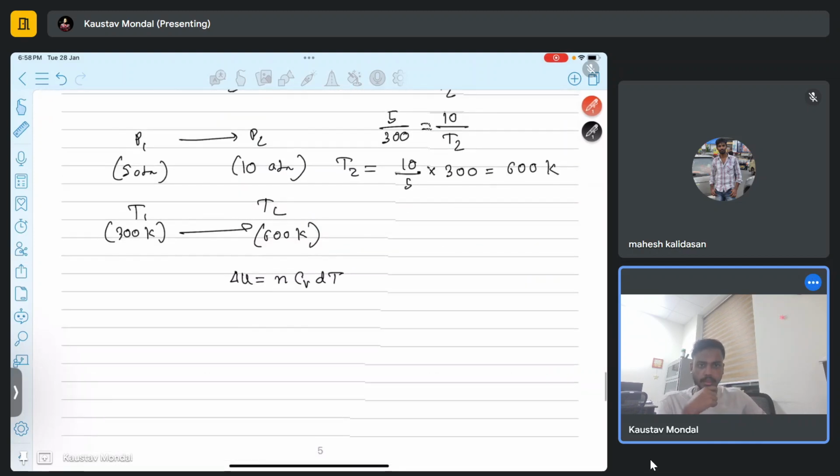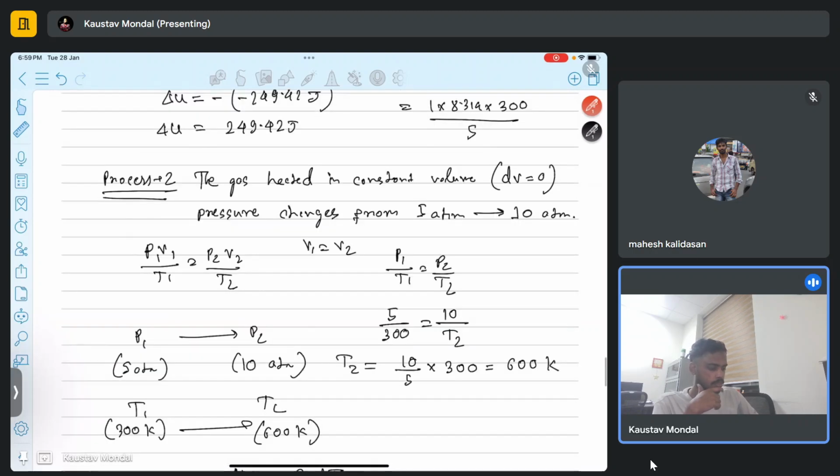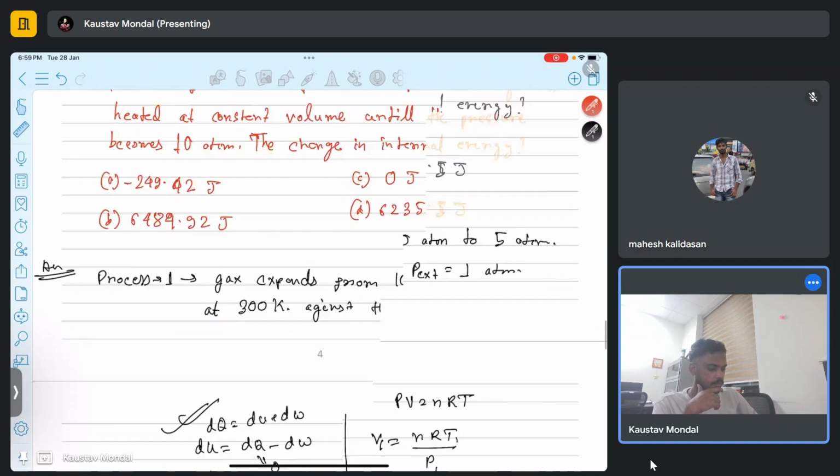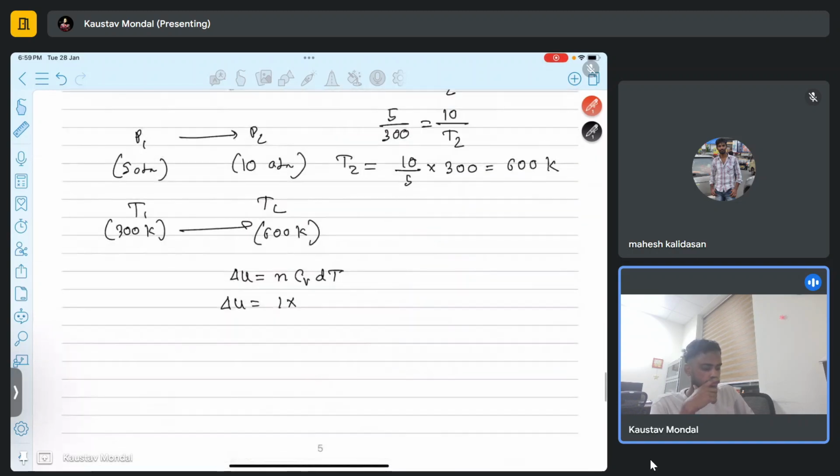Now if we substitute, delta U equals 1 into CV, which here is 2.5 R, and dT is the change in temperature, that is 300 to 600.